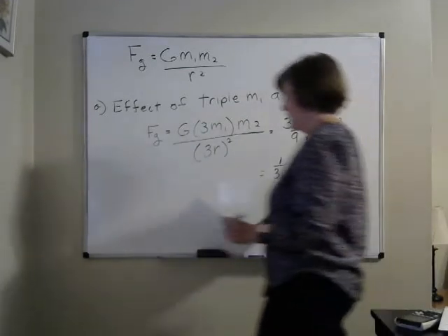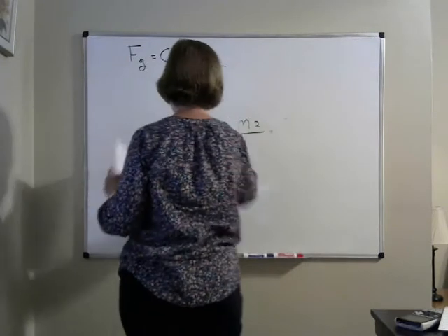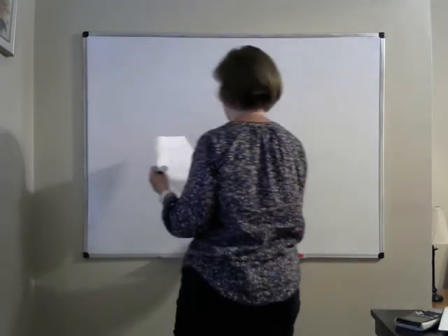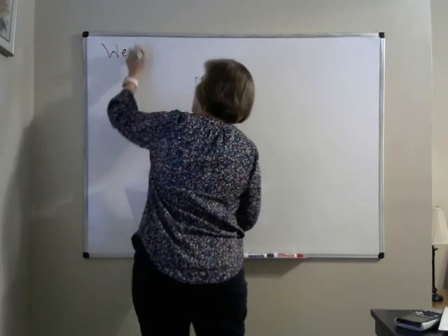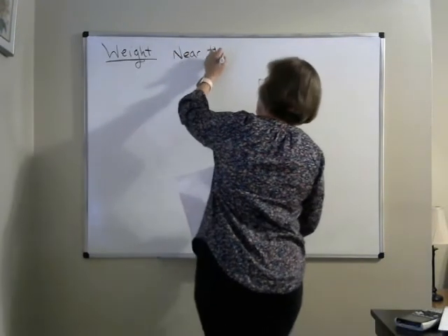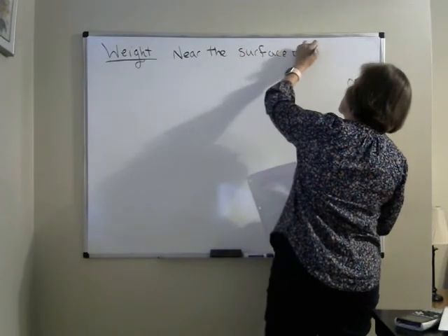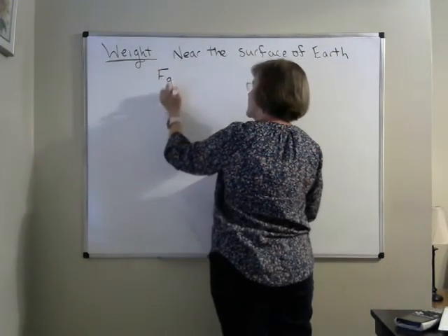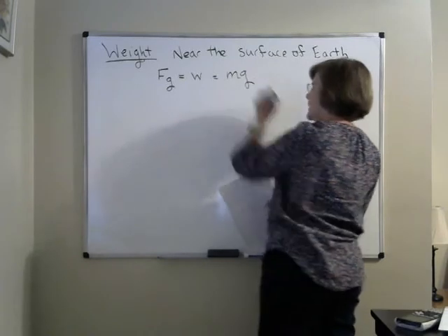Okay, let's talk about weight. If we are near the surface of Earth, we've been saying that the gravitational force, which is the exact same thing as the weight, is simply equal to mg.